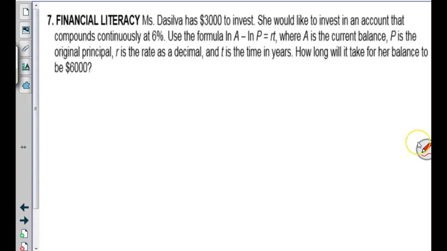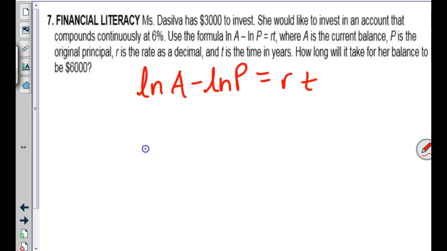All right, you have this question. Like to invest in an account, 6% interest. It gives us a formula. It says ln of A minus ln of P equals RT. What do we know? That's her present value, so that's here.